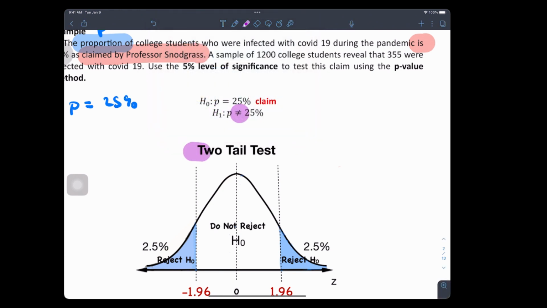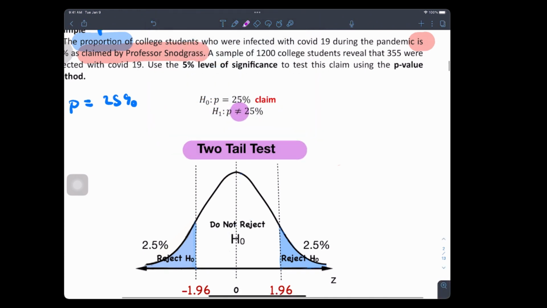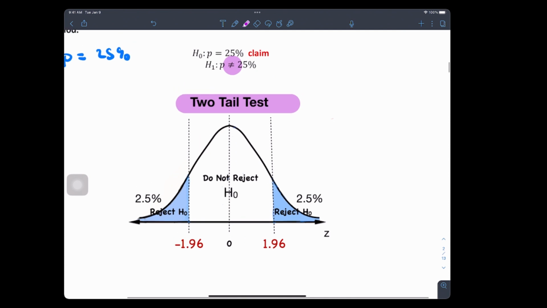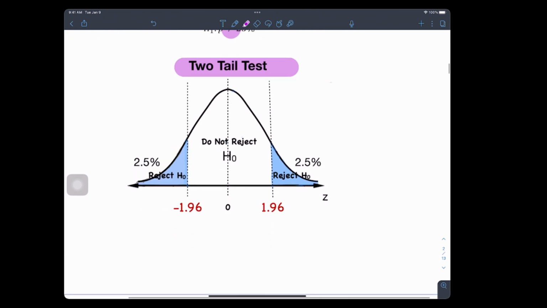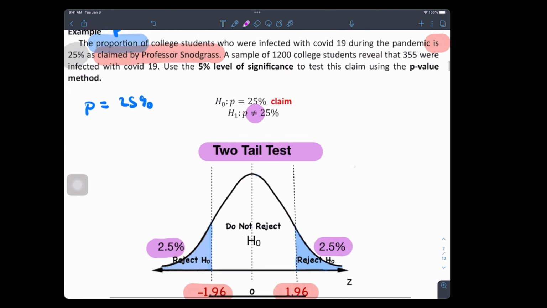Two tails? Then we have to create the decision rule. And you said, oh, Mr. Judge, you said we're not going to do that anymore. I know, but I'm going to share with you guys how this works. We had to use inverse norm to get the critical values. You guys remember that? Alpha is 5%, so 2.5 is in each tail. Okay.